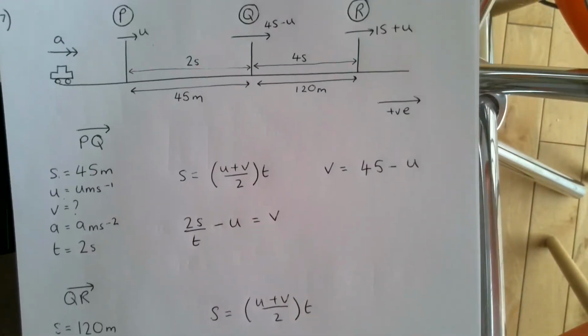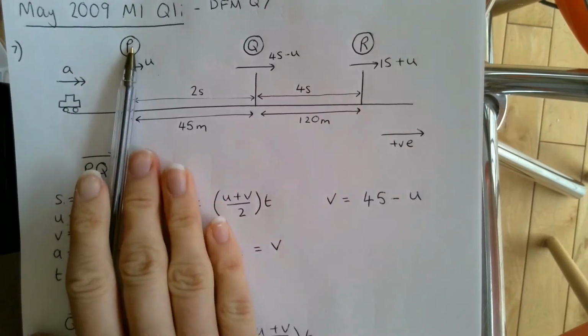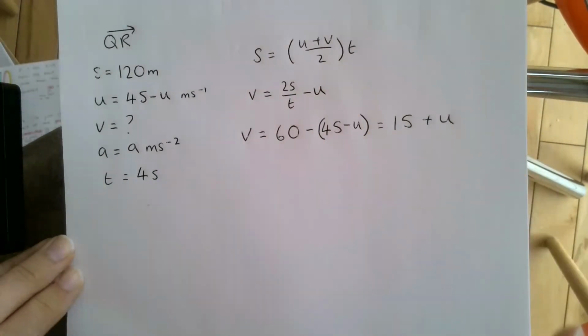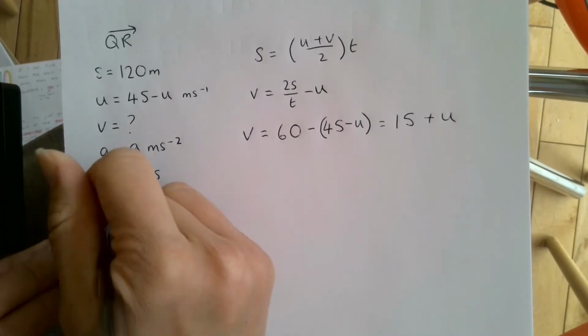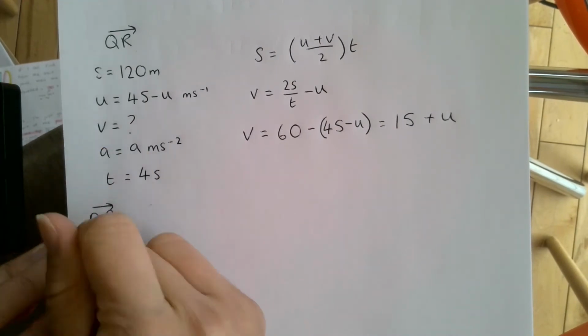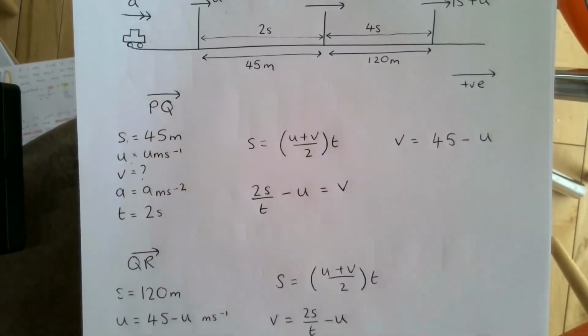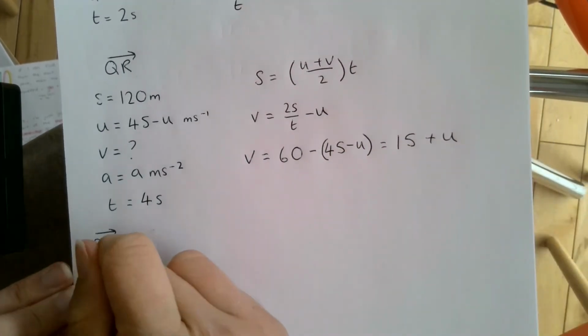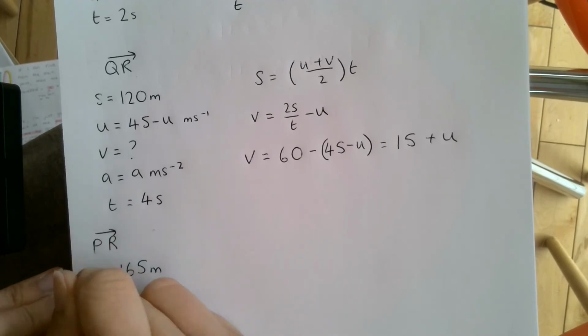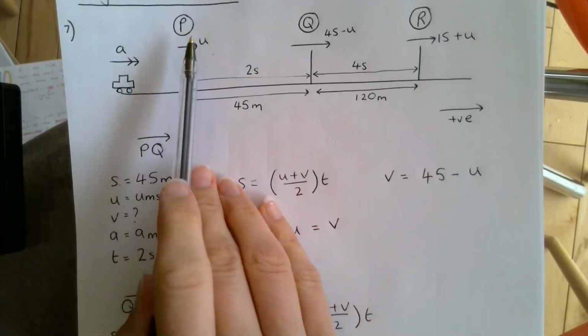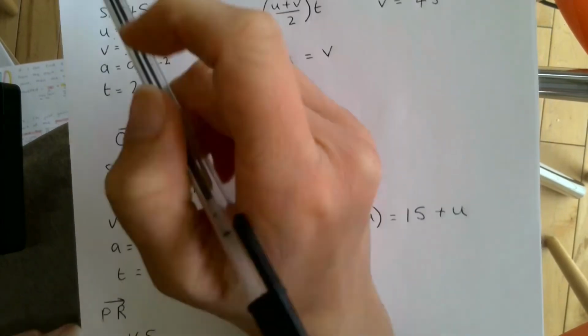Now I think there's a couple of different things we could do here. I'm going to look at the journey from P all the way to R. The displacement is, well, 45 plus 120, so 165. The initial velocity is the velocity at P, which is u metres per second.